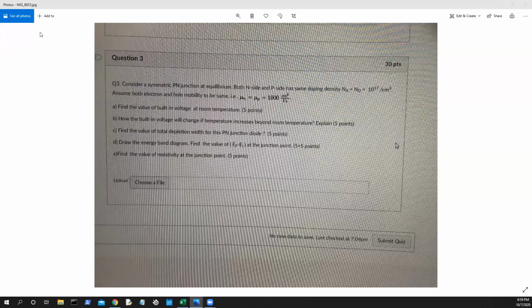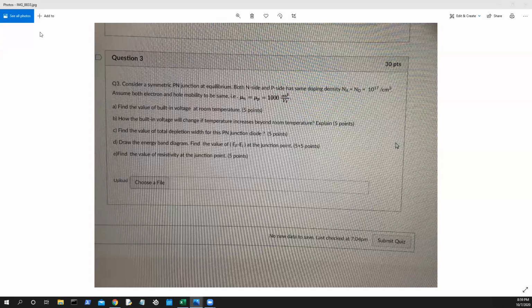So the implementation of the built-in voltage formula for this question looks as so. Vbi is equal to 0.026, that's a constant, never changes, unless the temperature changes, then it does change, times ln of 10 to the 17th squared over 10 to the 20th.